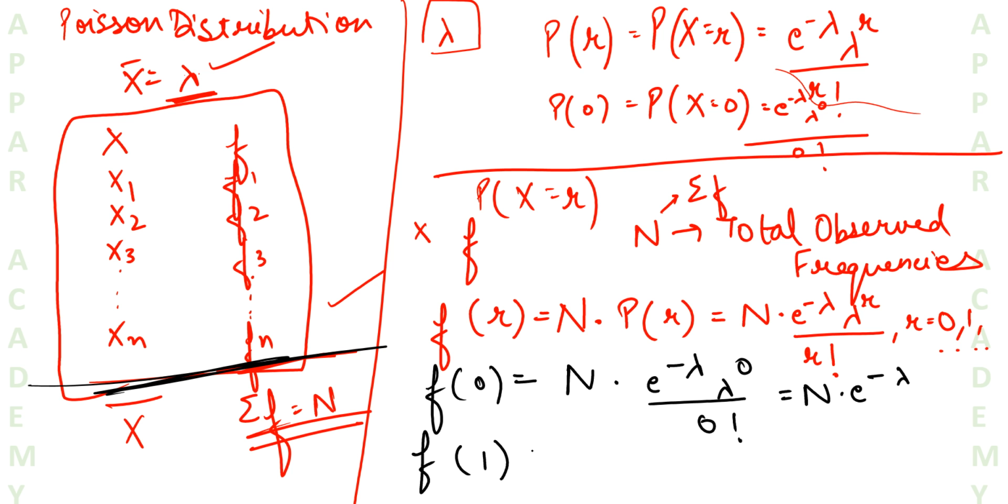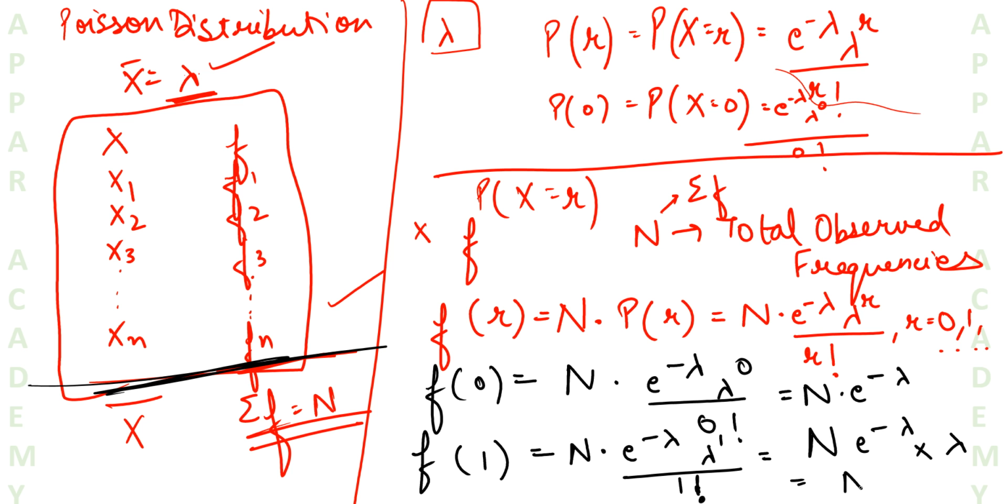Lambda we already know, and this n we can also find from this distribution. Similarly, f(1) is equal to n into e to the power minus lambda, lambda to the power 1 upon 1 factorial, which is n into e to the power minus lambda into lambda, or you can also write it as lambda into f(0). But this is something that we do not require much. So like this we can easily compute all our frequencies, or we can easily fit our Poisson distribution. Now let's take an example.